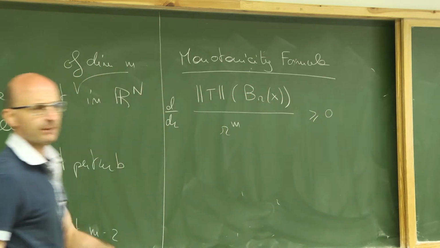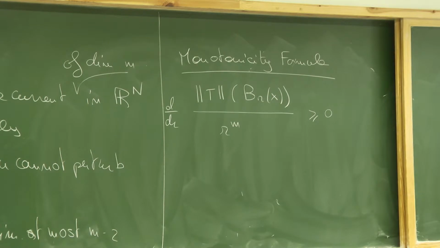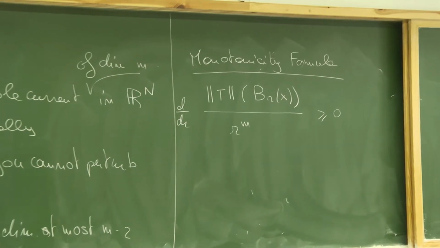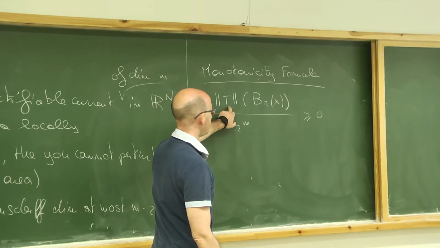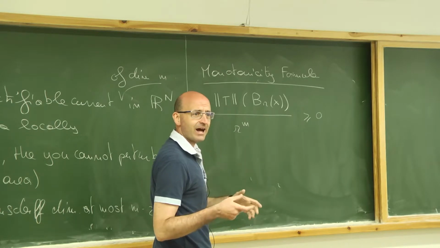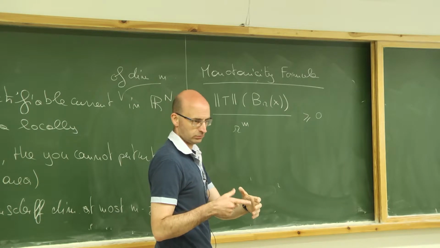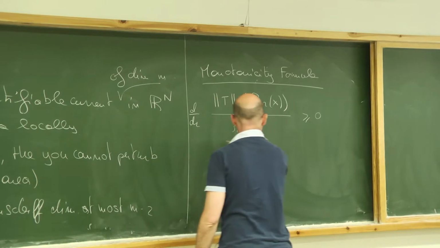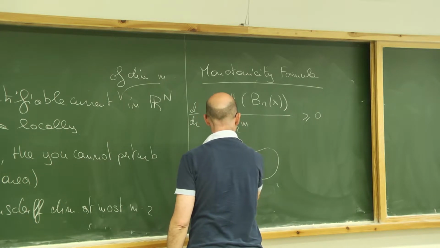There are various ways of proving this identity. You can work it out from first variations, and this is maybe the most common. But a very quick and intuitive explanation is the following. This inequality can be derived by comparing the area of your area minimizing current with the area of a cone.